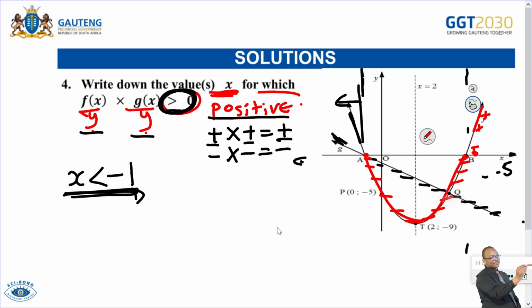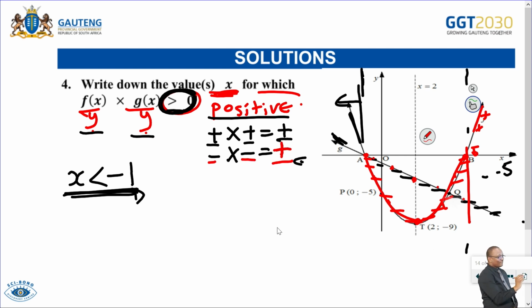Then, if I say negative multiplied by negative is positive, you see, up until B, you get negative multiplied by negative, which is positive.